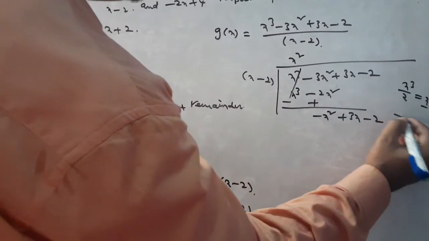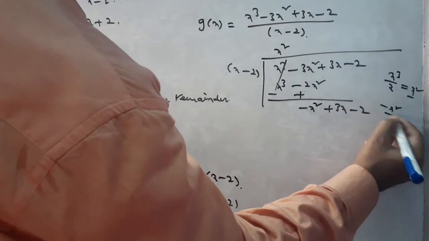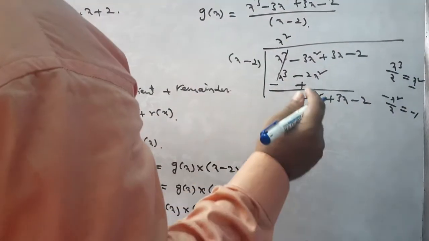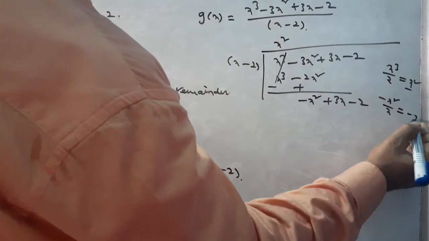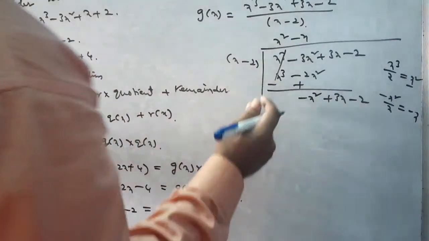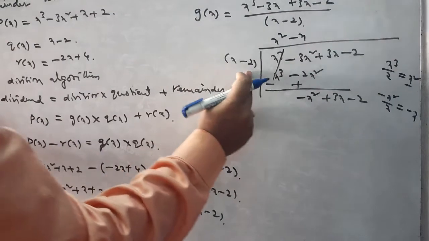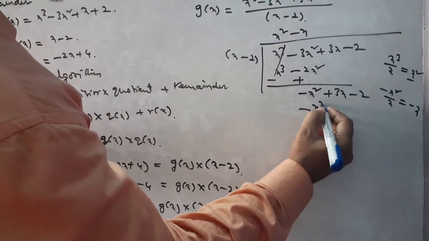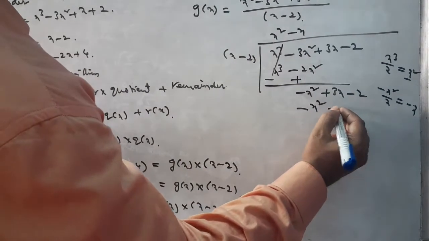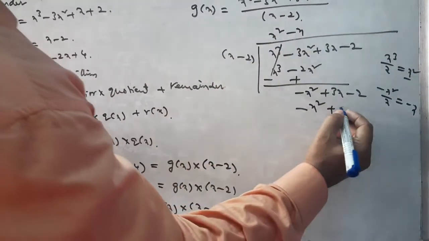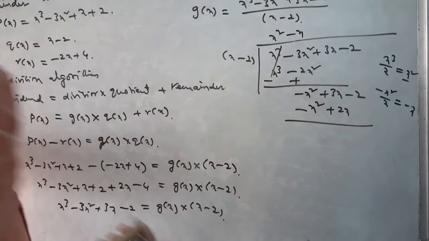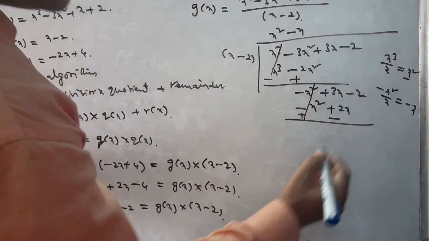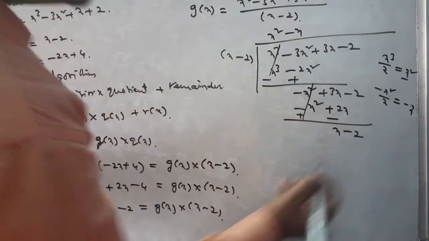For this, minus x square divided by x, we will get minus x. So minus x multiplied with x minus 2 gives minus x square plus 2x. Now we change the sign, and these both cancel, and we get x minus 2.